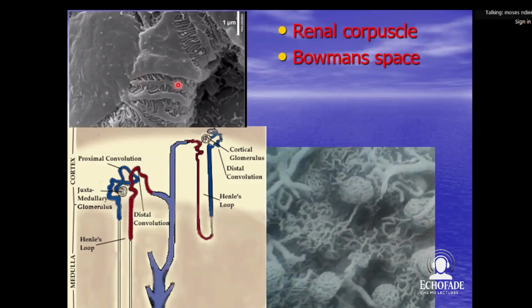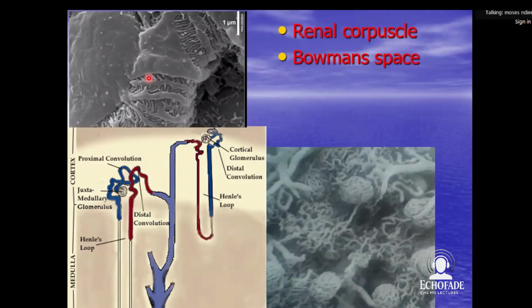Between these podocytes, the secondary processes, we have some narrow spaces. These spaces, separated by the podocytes, form what we refer to as filtration slits.